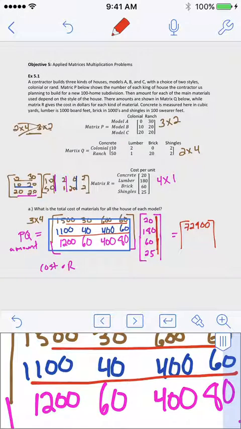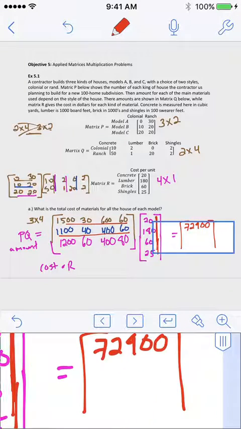Plus, let's do the cost of the lumber. 40 units times 180 plus the cost of the brick, 400 units of brick times the $60 each. And then finally the shingles, 60 times 25. That gives me a total of $54,700 for Model B. That's what it's going to cost to make Model B.